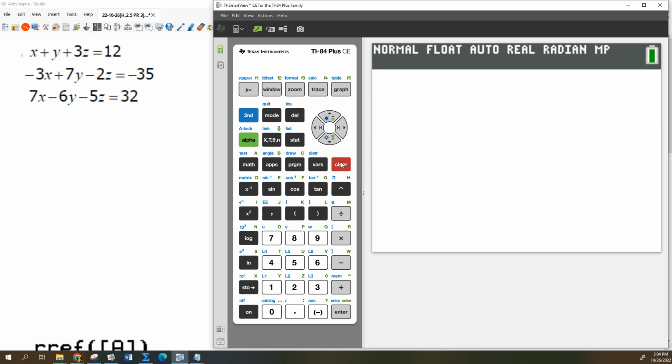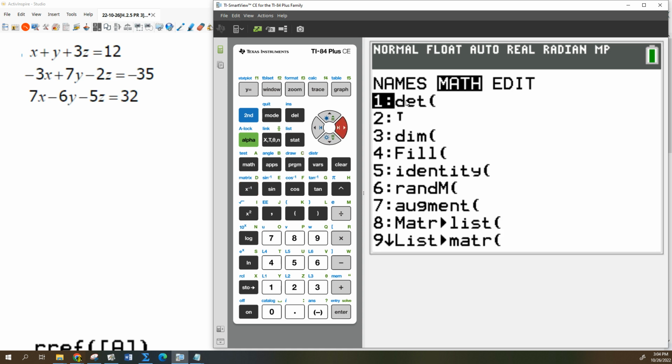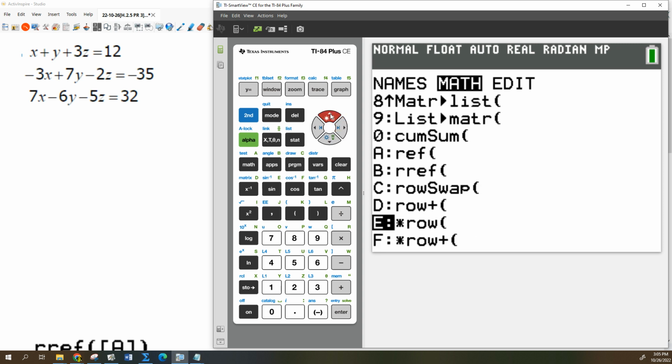Isn't that cool? So we want to do RREF. We want to put that matrix in reduced row echelon form, just like we did with Desmos. Okay? Everybody with me? Okay. So then we're going to go second matrix, and we're going to scoot over to the math menu. And instead of going down really far, let's just loop up from the bottom and hit the up arrow and go up to row B, which is RREF, just like in Desmos.